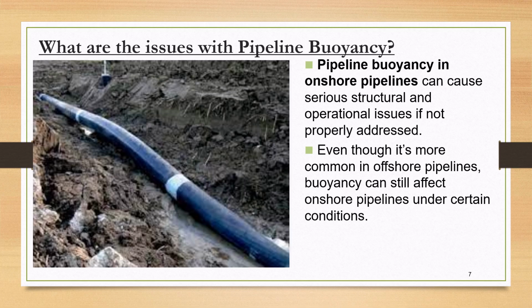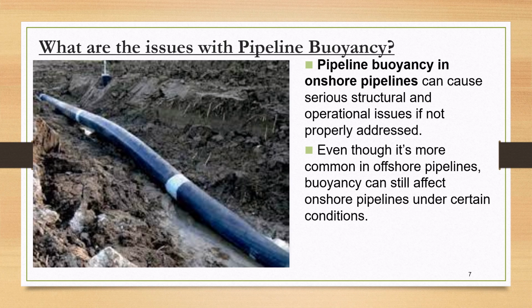Next, high groundwater or flood-prone areas. Onshore pipelines in wetlands, river crossings, floodplains, or areas with high water tables are especially vulnerable. Seasonal or sudden flooding can temporarily increase buoyant forces dramatically. Next is the impact on pipeline operations. Uplift may affect slope, gradient, and flow efficiency of the pipeline.